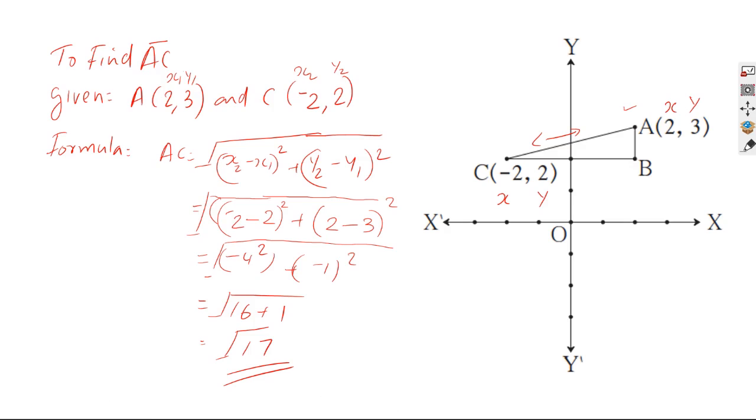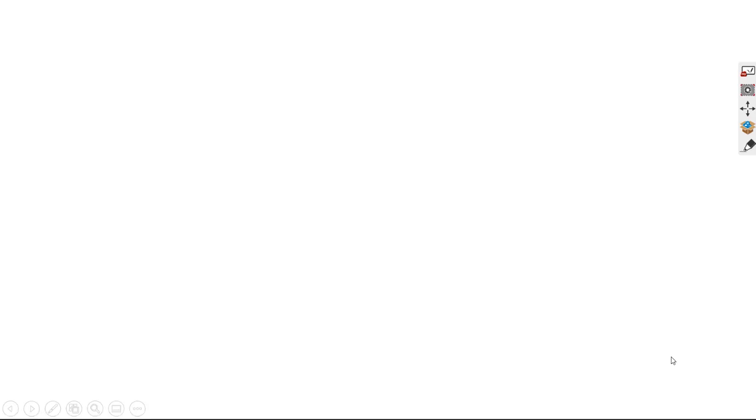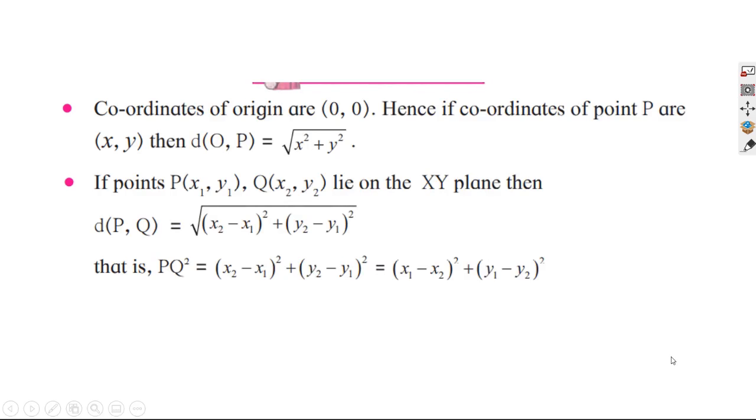We can apply the formula to find out the distance. So we applied the formula and got the answer in that case as root 17. This is the formula we applied, and it can be in any one of these formats. As I told you already, x2 minus x1 or y2 minus y1, there is no harm in that.